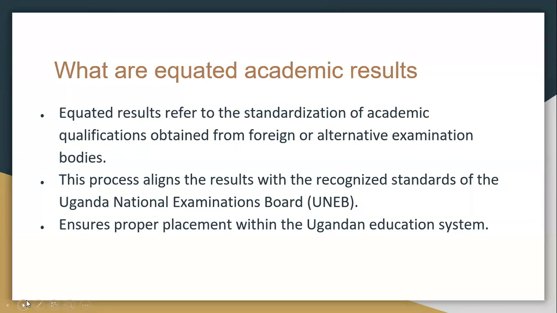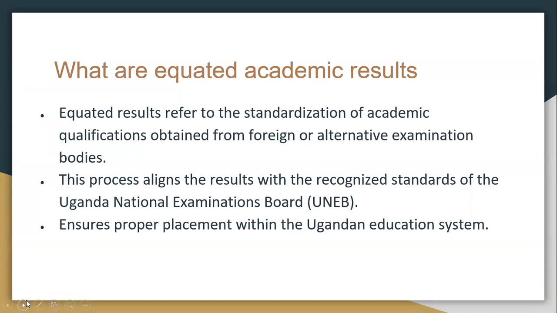When we receive children from different backgrounds, sometimes they come in from other countries or from other examination or education systems. Such children who come in from other education systems, not our Ugandan system, are supposed to have their results equated. So UNEB aligns those results that they obtained from whatever system they were doing into our system.